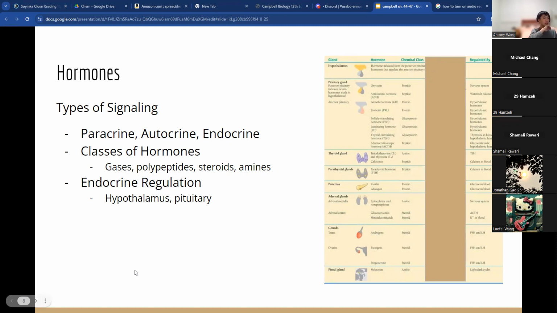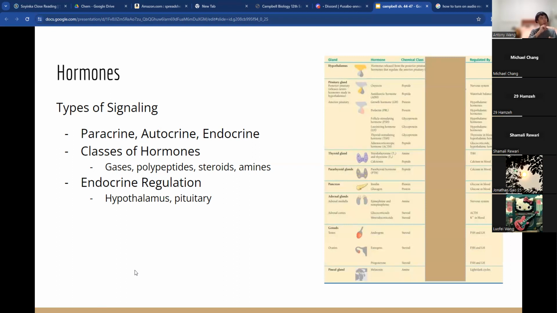Paracrine signaling is when you are releasing a hormone that diffuses to nearby cells, and it has an effect on those nearby cells. Another definition of a hormone is that it has to move through blood, I think. Correct me if I'm wrong.